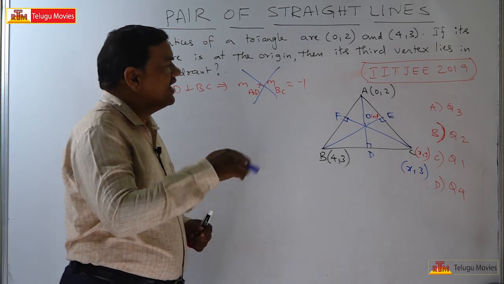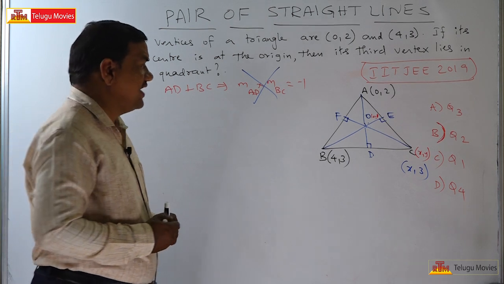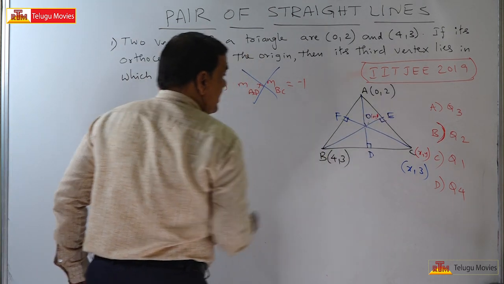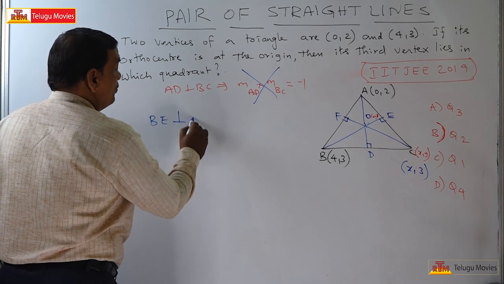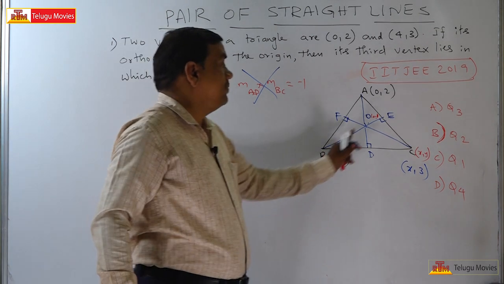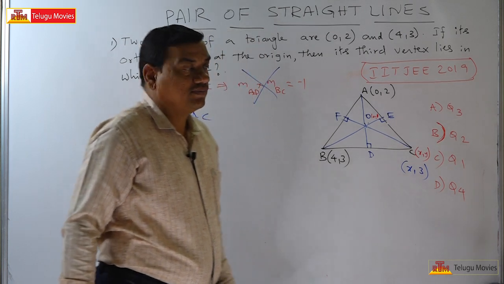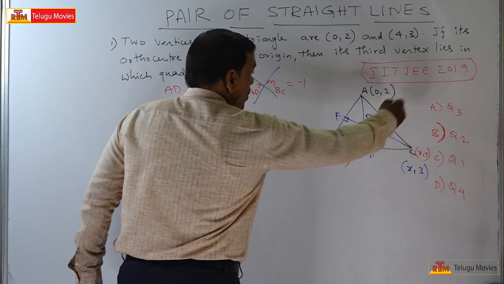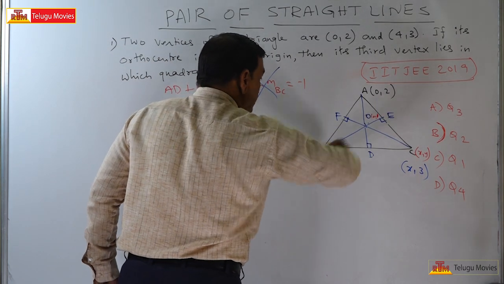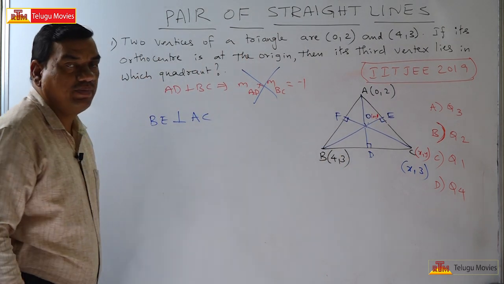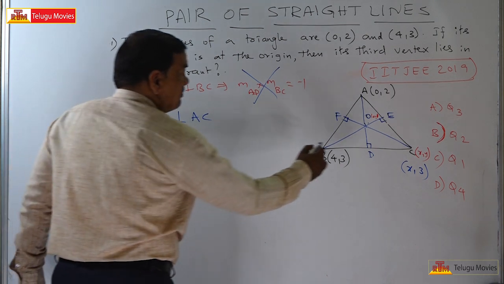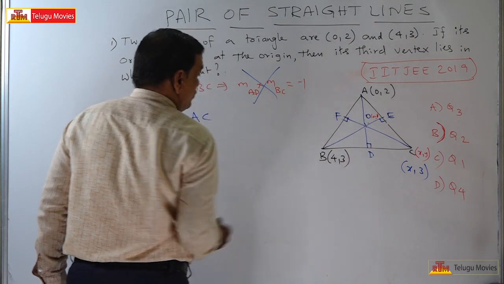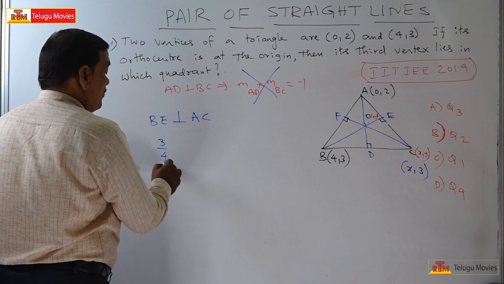Now how do we find the x coordinate? For that, take another set of perpendicular lines. Let us take BE, which is perpendicular to AC. What is the slope of BE? The slope of BE is the slope of BO, because the altitude passes through the orthocenter. That is (y2 minus y1) by (x2 minus x1), equal to 3 by 4.